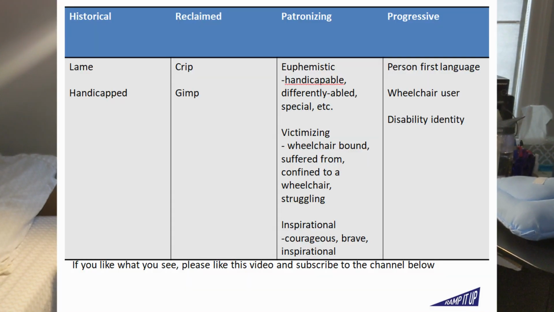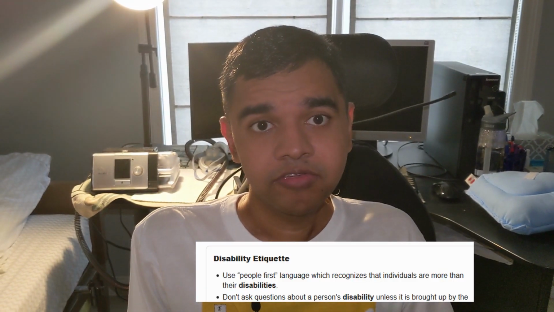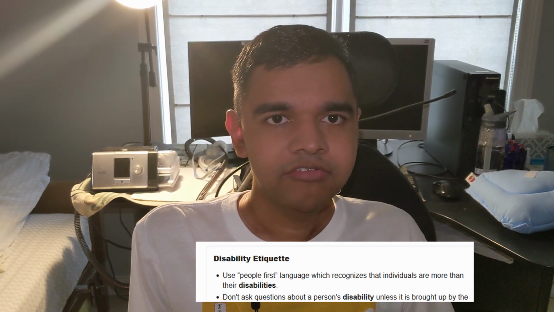The last category is progressive language. This includes people first language. People first language is the preferred terminology by the disability community because it emphasizes the person before the condition.